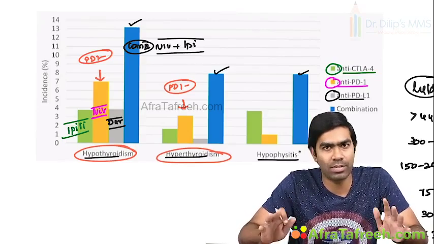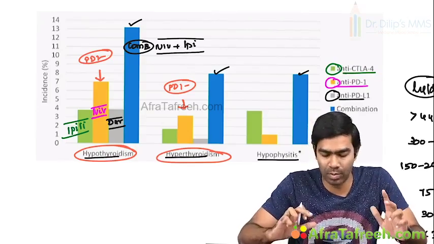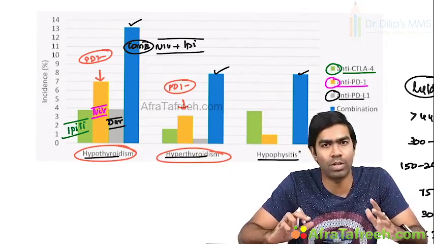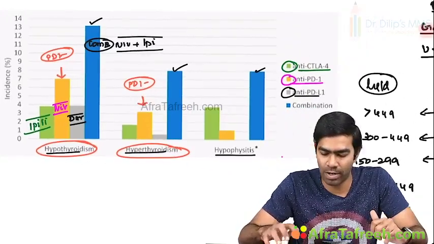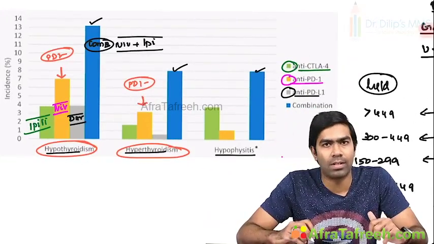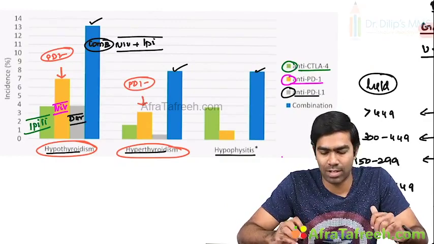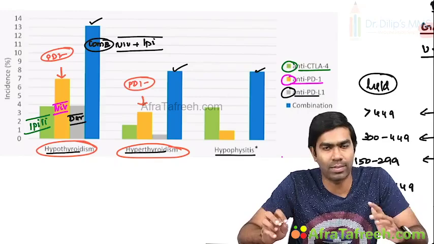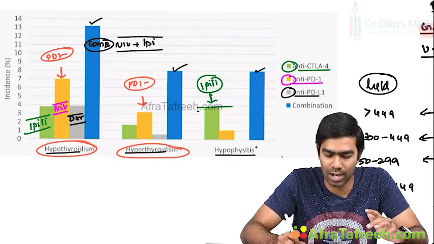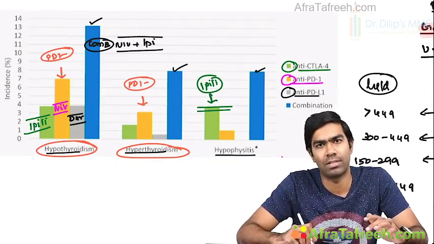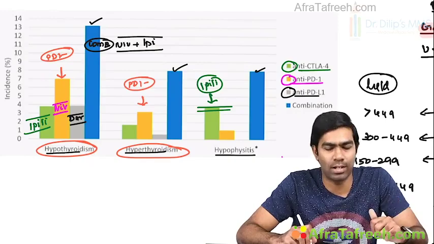Obviously, combination is the maximum, but I'm also saying individual drugs. PD1 inhibitors are the ones that are maximally going to produce hypo as well as hyperthyroidism. And finally, as far as hypophysitis is concerned, again combination is the key, having the maximum risk, but ipilimumab as an individual drug causes high risk of hypophysitis. I think you can get it, right?